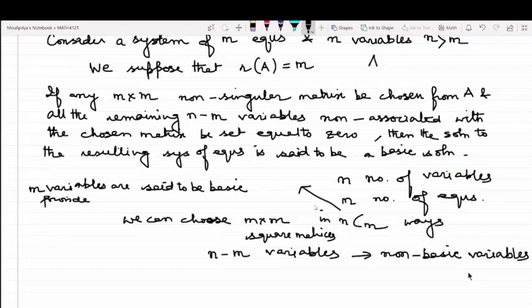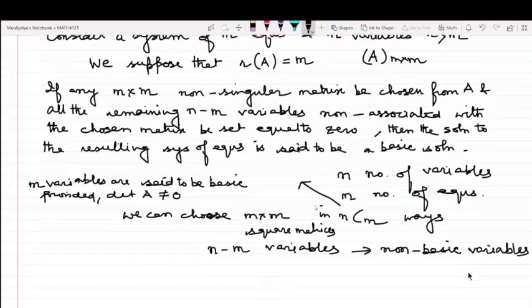If suppose A is having order m cross m, when do we say that rank of A is equal to m? What about the determinant value of capital A? It is non-zero. Exactly. Provided determinant of A is not equal to 0. Fantastic. Are we okay with this? Yes, ma'am.